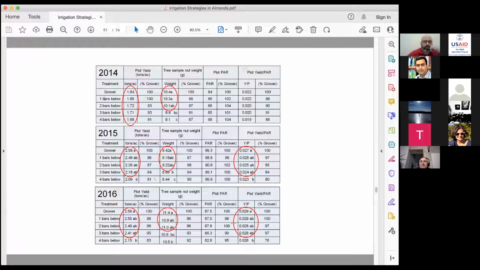In fact, you increase your water use efficiency because you're applying less water and you're not losing much yield, or even nut quality. So that is the almond water production study from 2014 through 2016.